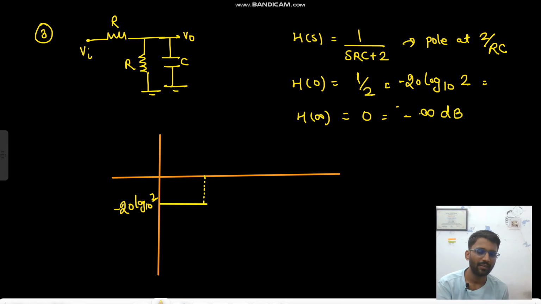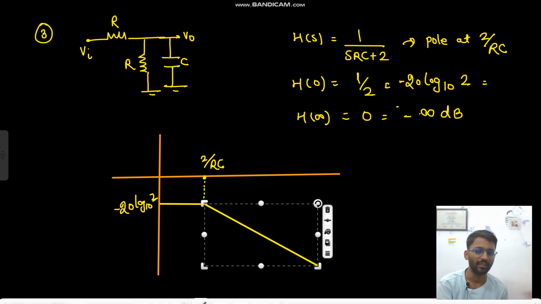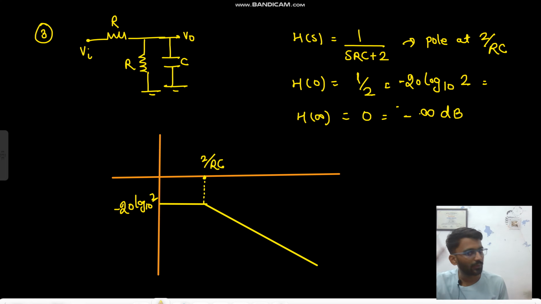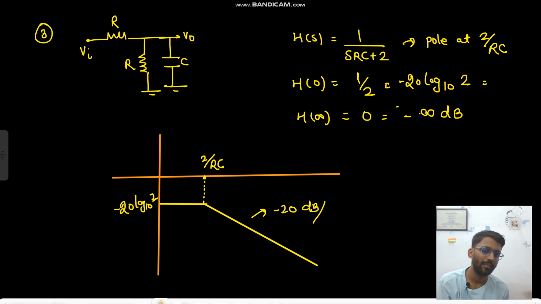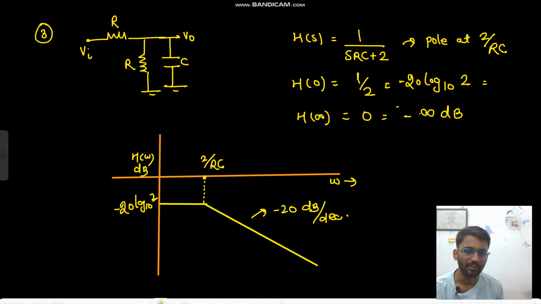Okay, then at 2 by RC, we will have a slope of minus 20 dB per decade, right? So now it will decay down and go on to minus infinity. So here we have minus 20 dB per decade. Okay, so that's it. This is h of omega in dB.